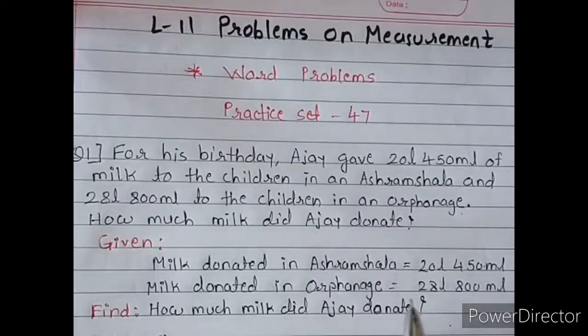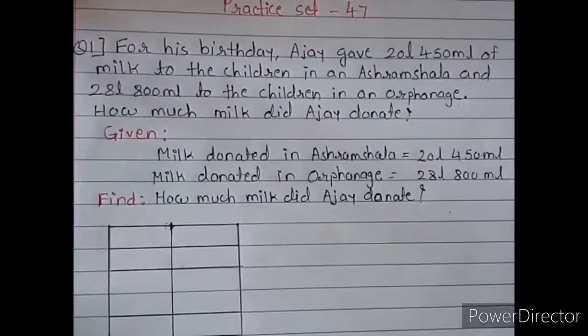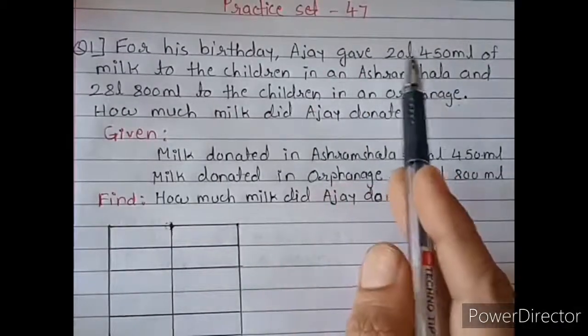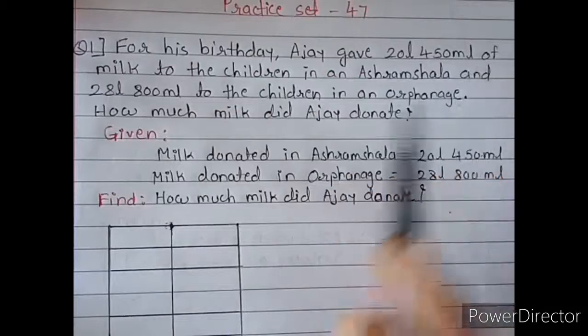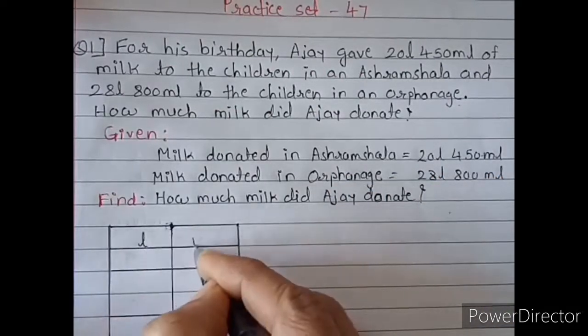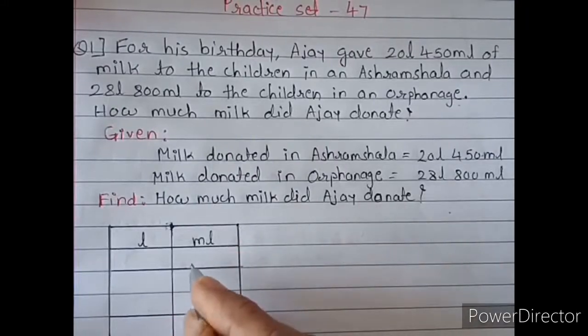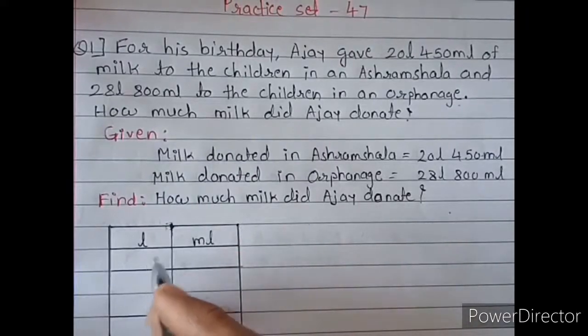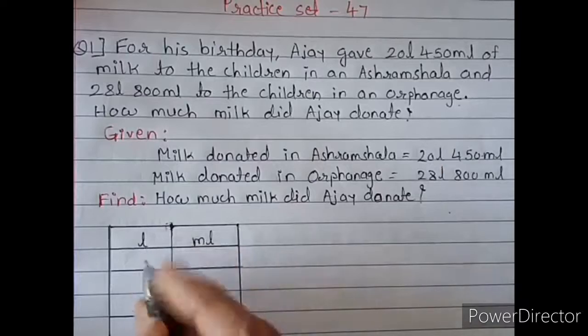And what we have to find out: how much milk did Ajay donate? Quantity of milk is given in liter and milliliter. So here we have to make two columns, liter and milliliter. We have to add both the figures.